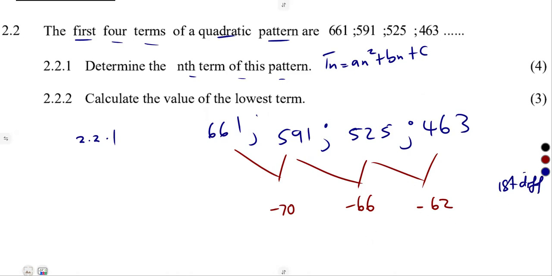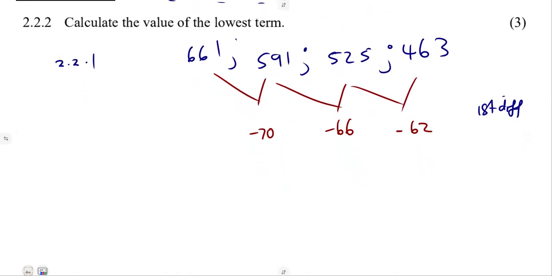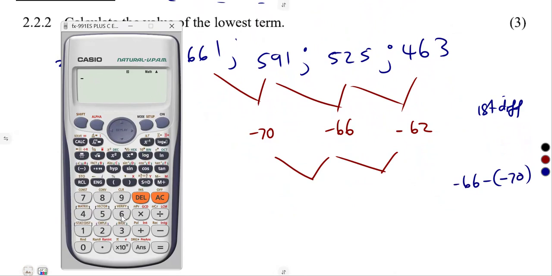Remember, we must also determine the second differences from there. Determining the second differences: negative 66 minus negative 70 gives 4.